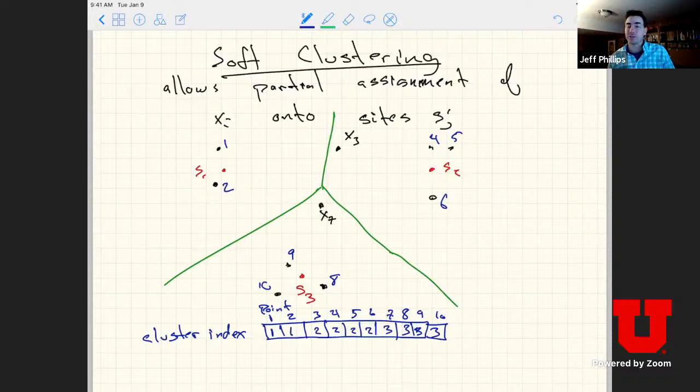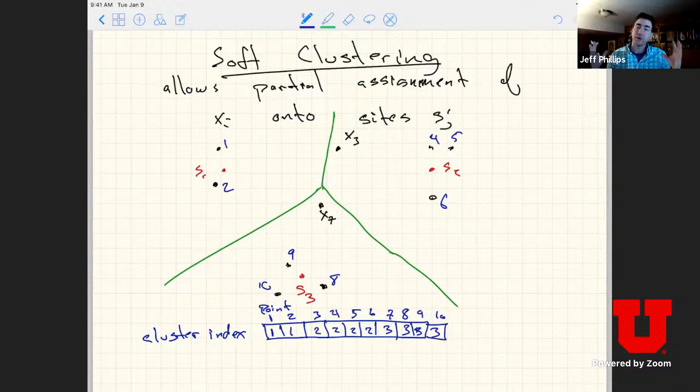Okay, right? So this is how I would store it. I would just keep an array. I know how many points I have. I just store the index of which site it's assigned to, and I would store an auxiliary structure of the information about the actual sites or the cluster representation.